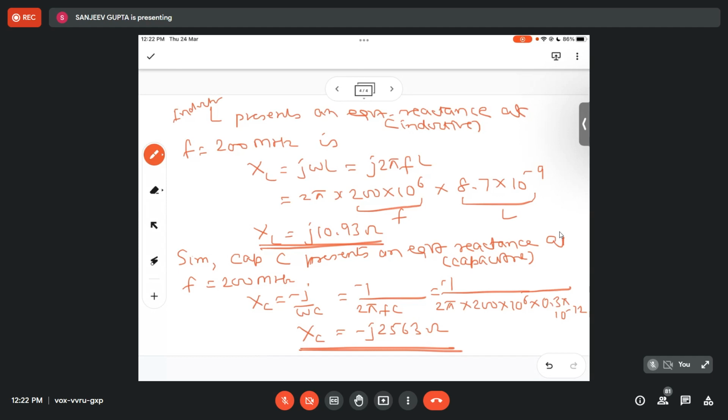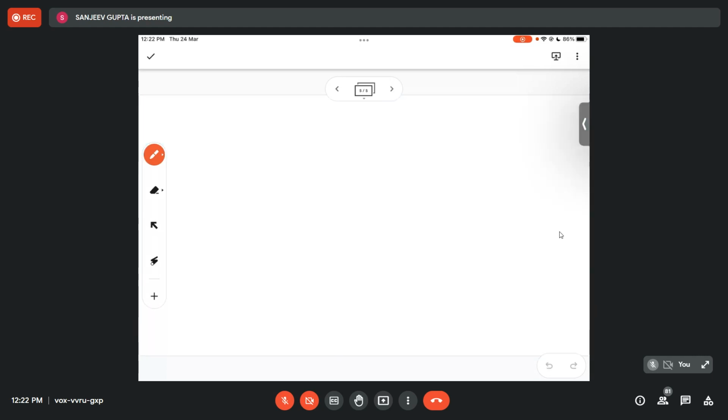So once we have got this, now I can look into my equivalent circuit, and it will look something like this. Therefore, my equivalent circuit of the resistor, which was 10 kilo ohm, at 200 megahertz, is now given by something like this. This is given, 10 kilo ohms.